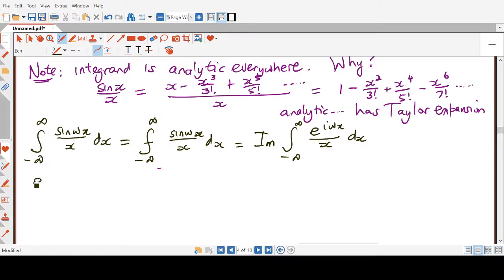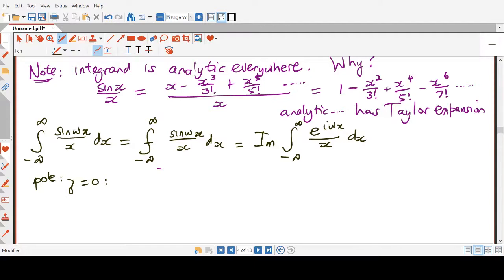So the only pole that we have here is z equals to naught. Notice there was a bit of a trade-off here, a loss. I said sine x over x has no pole. There's no pole, because x divides into all those terms.